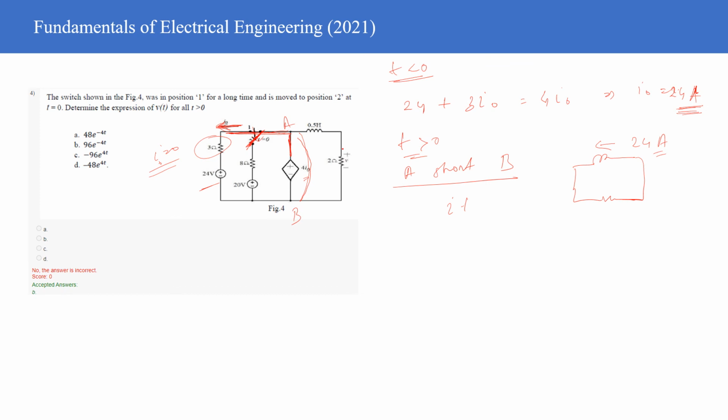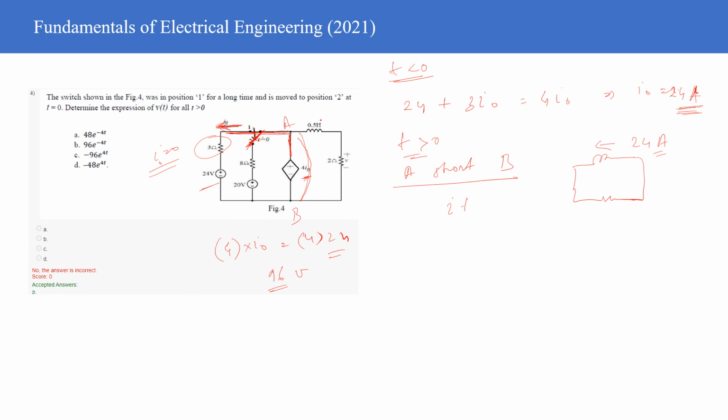So let me just try to correct myself. So I naught is equal to 24 over here. So 4 I naught was equal to 4 into 24. So the voltage across it was equal to 96 volts, right?